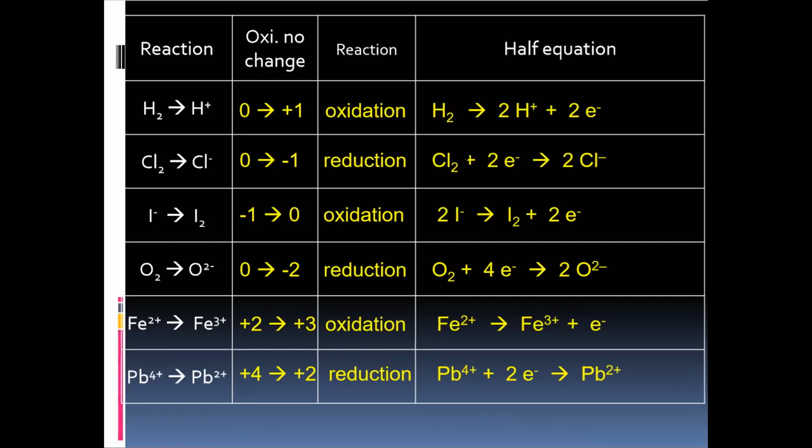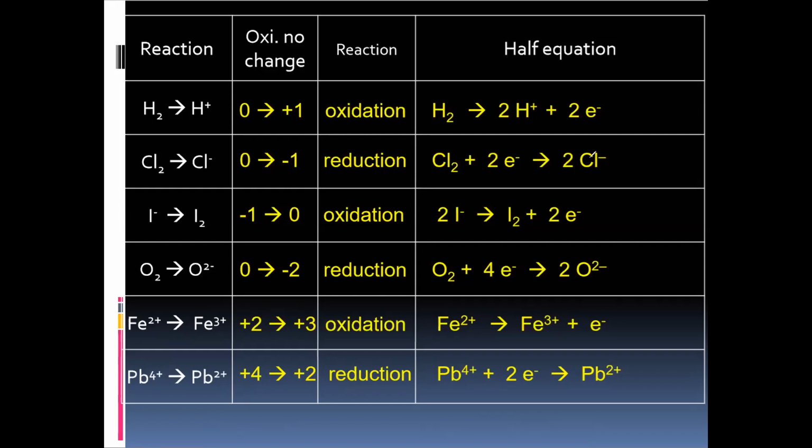We have Cl2 plus. Now, there's only 1 electron that was gained, so I should have said just plus e minus, okay? But that wouldn't be the case, because if I say plus e minus, this will give me Cl minus. Is that not so? But chlorine here, there are 2 of it. So to balance that, I must put 2 here to make this one 2 chlorine.